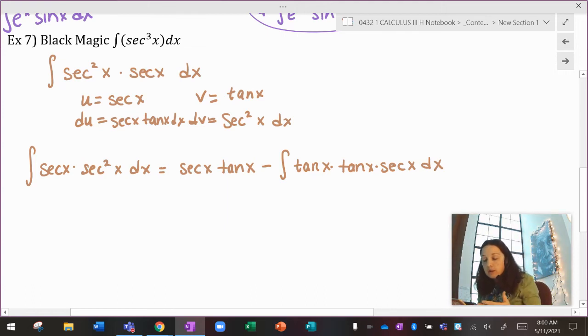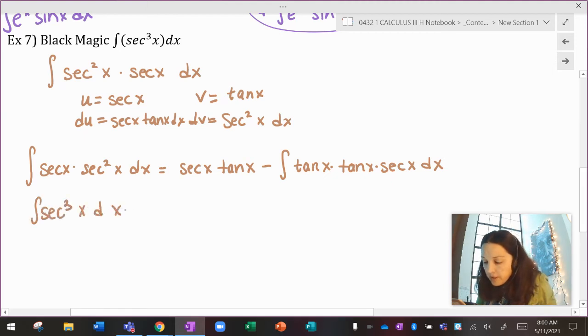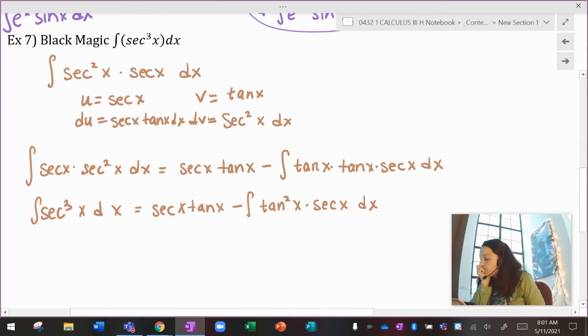Okay, LIATE. All right, so I've got that. Wow, that second integral looks pretty big, so let's kind of roll with it. So I have secant cubed over here, and over here I have secant x tangent x minus the integral of tangent squared x times secant x dx. Wow. What do I do with that?